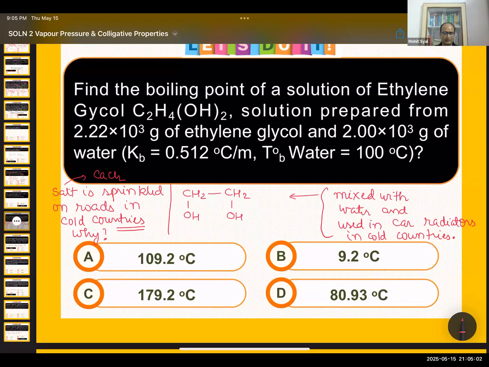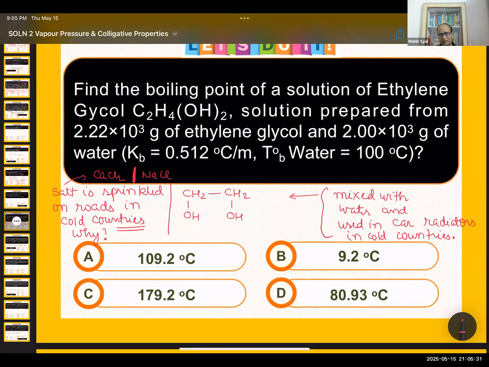Yeah, correct. And why have you used calcium chloride? Why not NaCl, which is better? NaCl is also a salt.